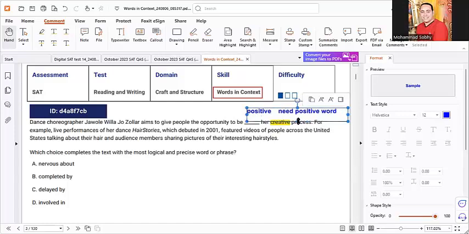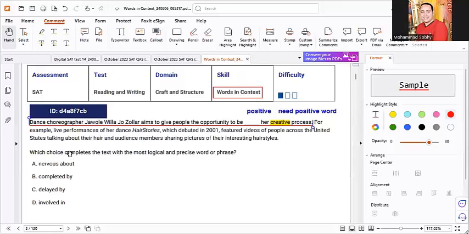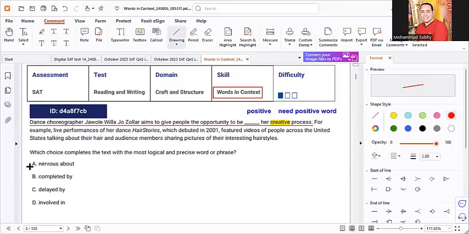Your eye must be awake. Oh, this is a positive process, so it's something useful. So we need something positive for this. So I believe that nervous is not a choice. It's out, because it's not positive to make people nervous.